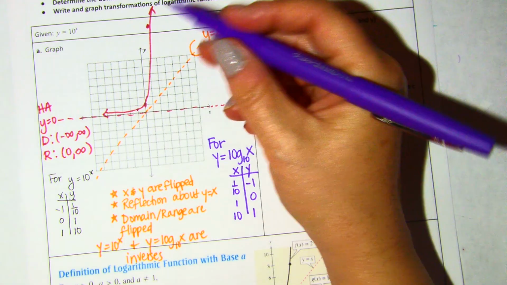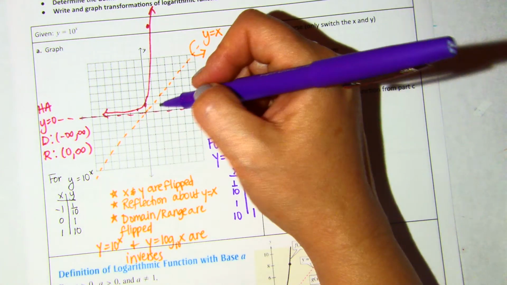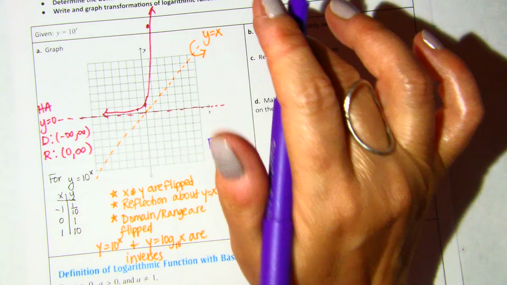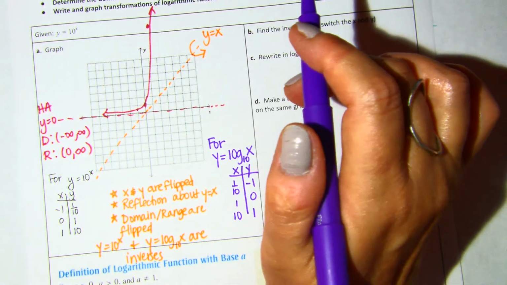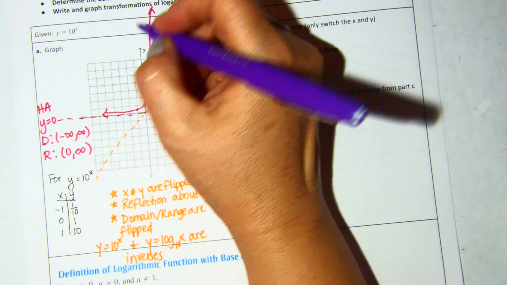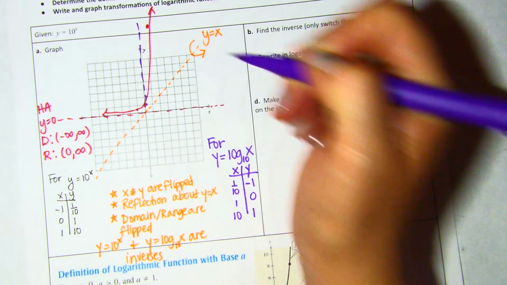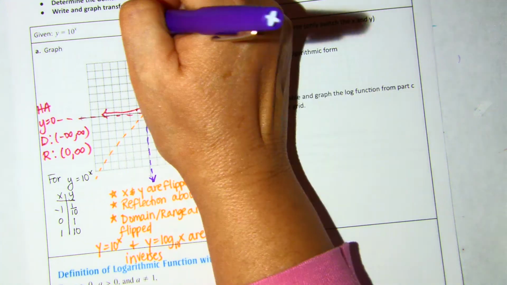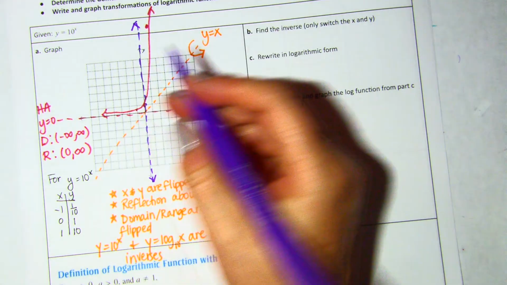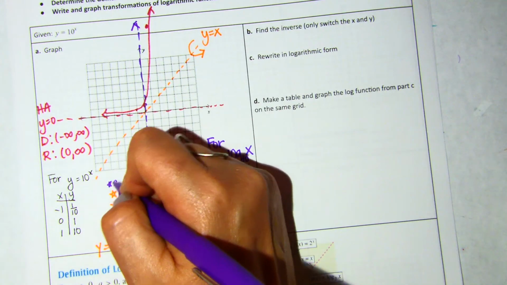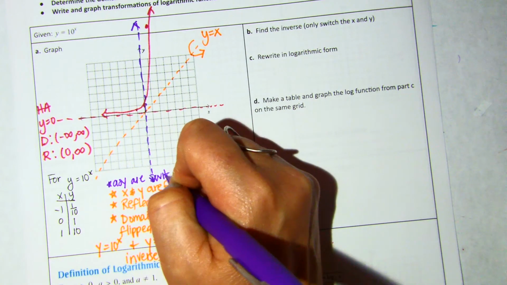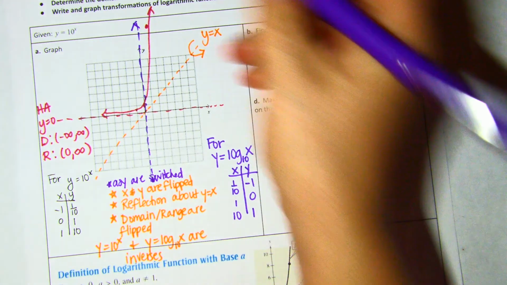Okay, so when we graph this, the asymptotes are also flipped. So instead of a horizontal, it has a vertical. Did I write that? I don't think I wrote that. But the asymptotes are also flipped or switched. Flipped, switched, whatever, same difference.